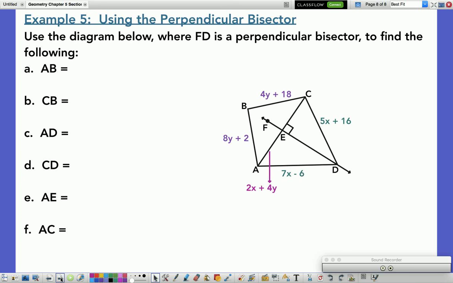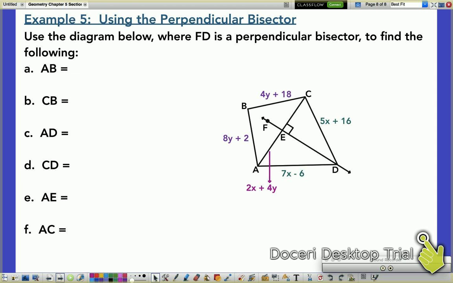All right, this is the one that trips up the kids every year. I wish I knew why, but I don't. So in the diagram, FD, this line right here, is the perpendicular bisector. What does that mean? First of all, it means that those two are congruent. It means those two are congruent.